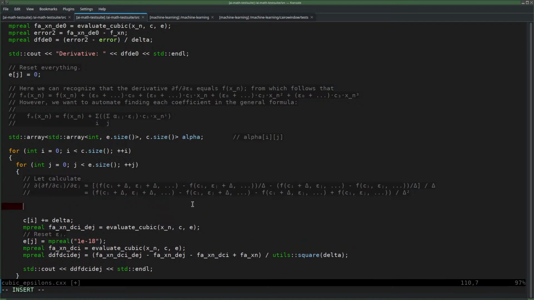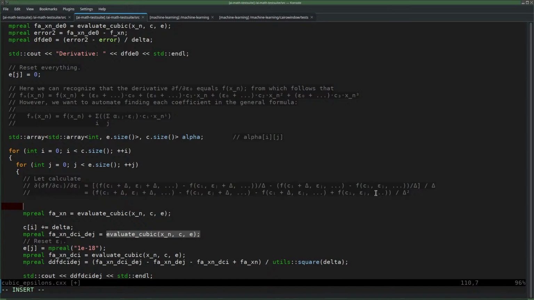And let's begin with calculating the last one. So that would be NP real, and that is then called FAXN without the deltas, and that is of course always this. And in front of that, then we need an epsilon. We need epsilon j. So ej is imperial E minus 18.